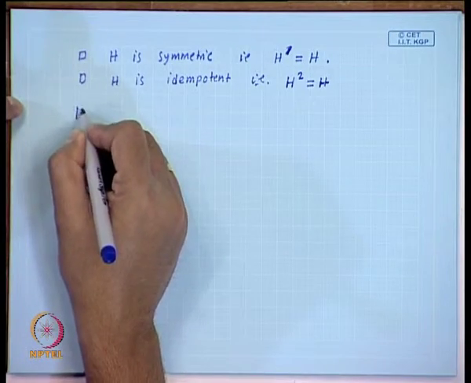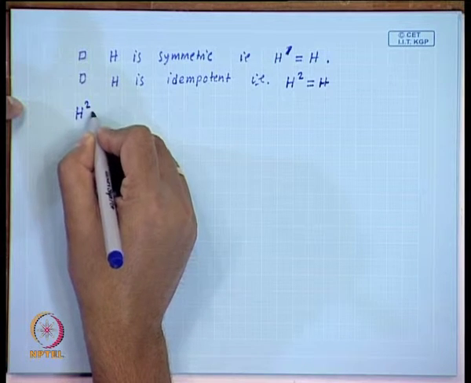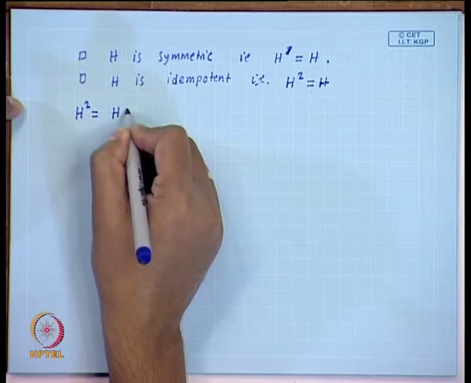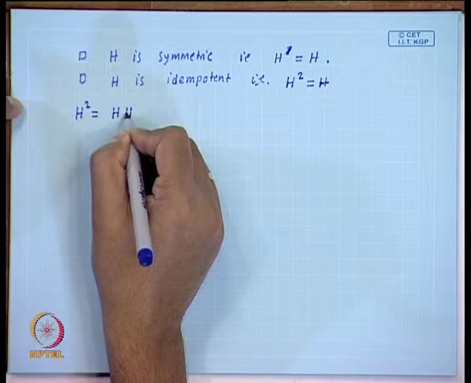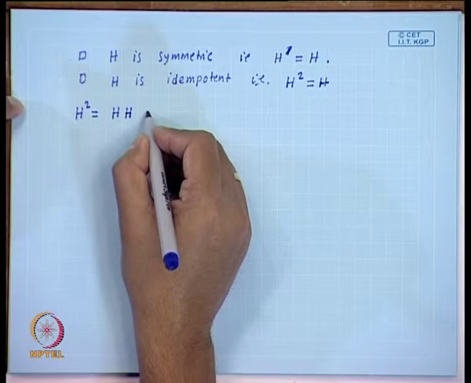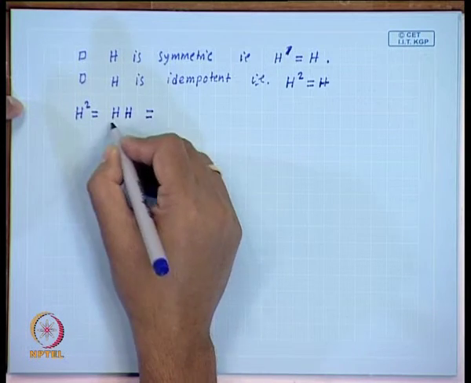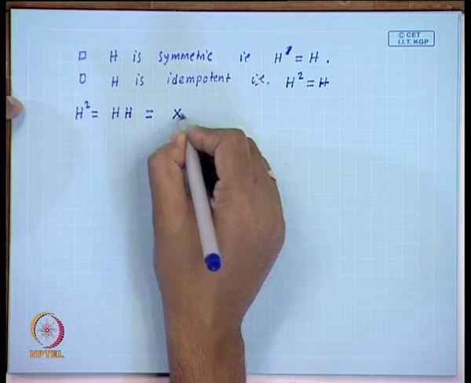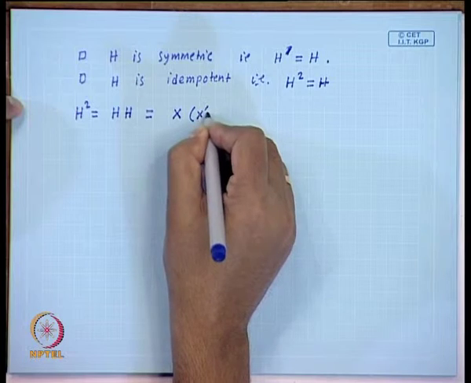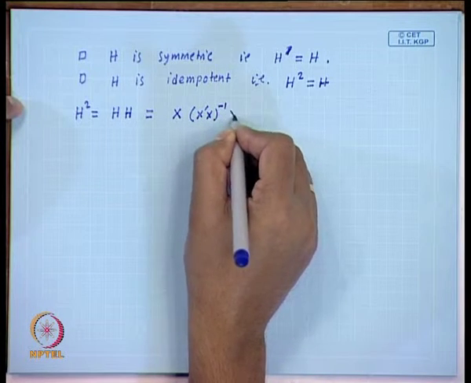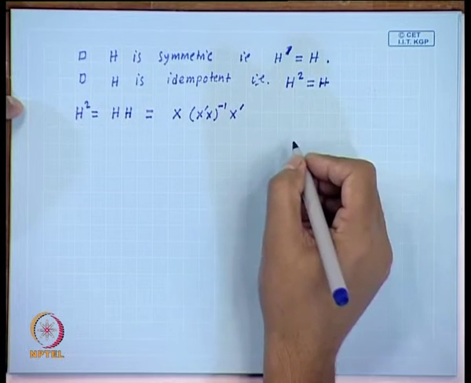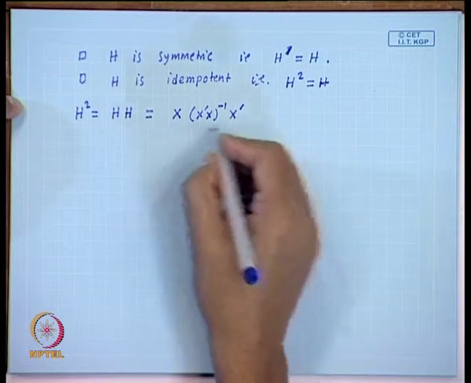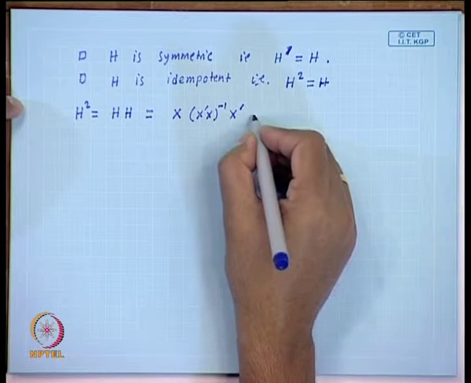What is H square? H square is equal to H into H. My hat matrix H is equal to X prime X inverse X prime, and this is H into H.